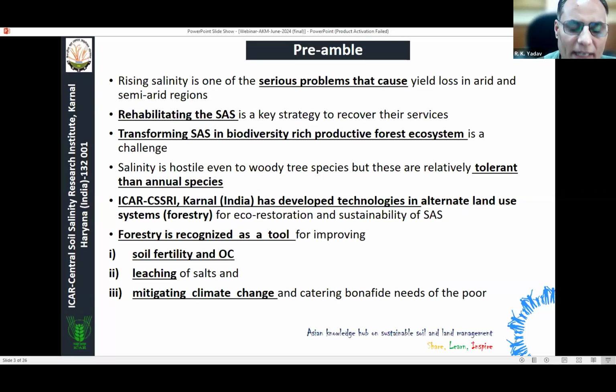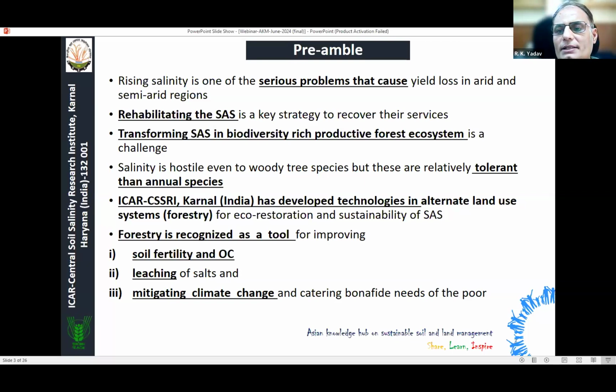As you know, salinity is a rising problem, and it causes yield loss, particularly to agricultural lands pertinent to the arid and semi-arid regions across the globe. Transforming salt-affected soils into rich biodiversity models is a big challenge.